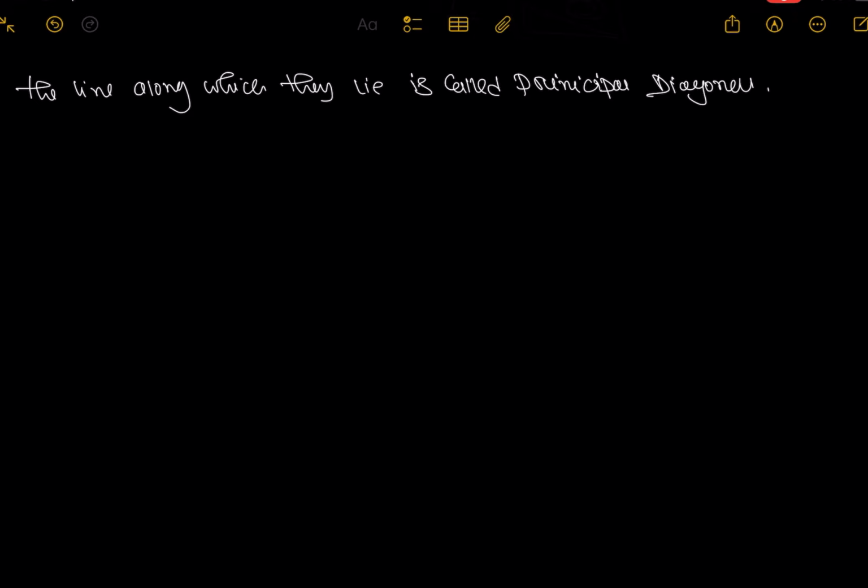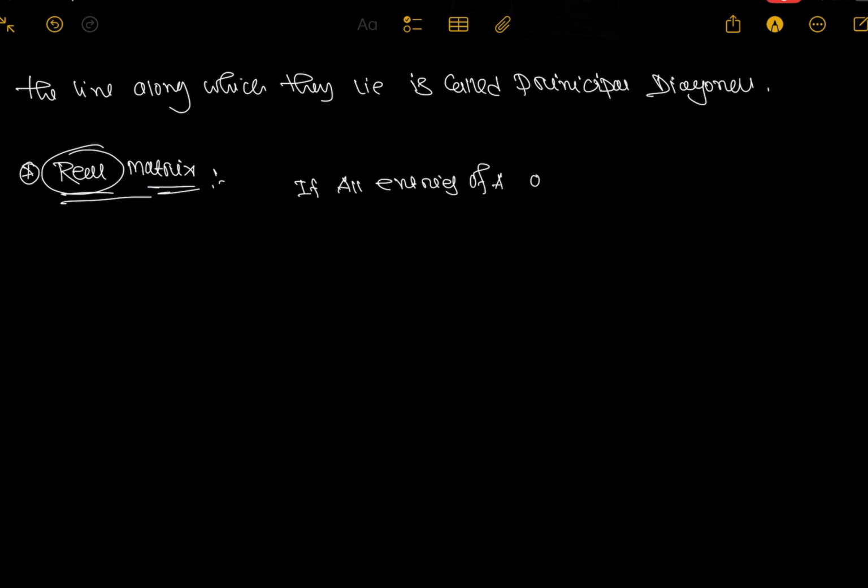After that, we read about two special types of matrix. One of these is the real matrix. For a real matrix, we consider that all elements should be real. If all entries of A are real, this is called a real matrix.